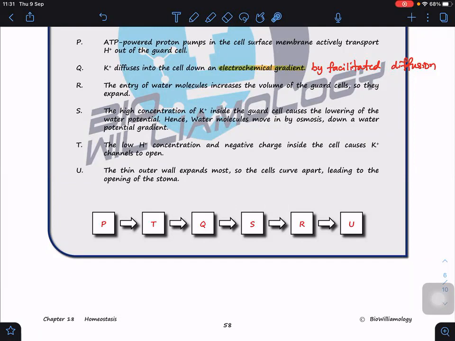Therefore, different rates of expansion occur when the cell becomes turgid, making the guard cell curve. The thin outer wall expands most, the cells curve apart, leading to the opening of the stomata.